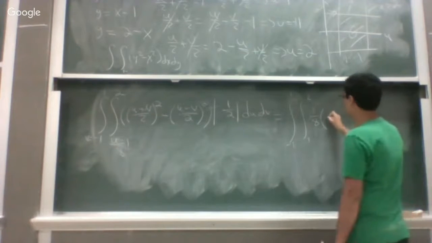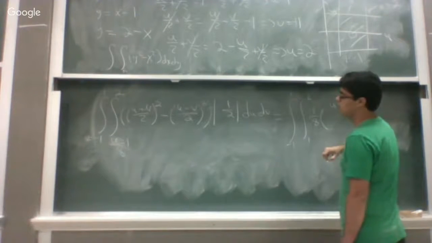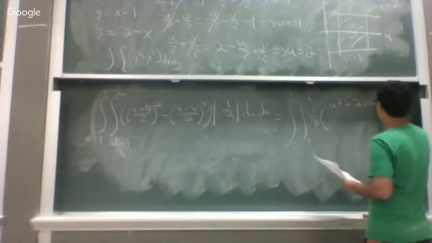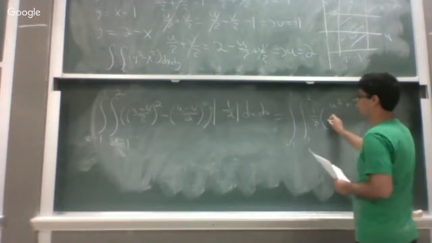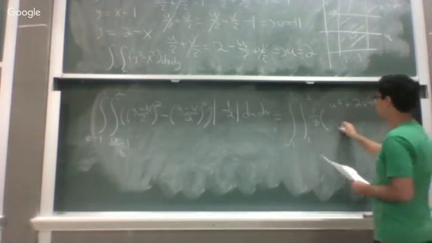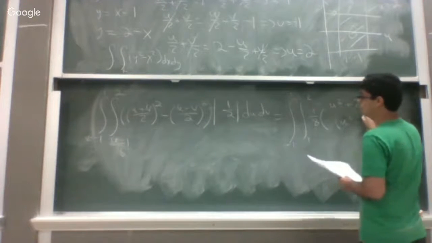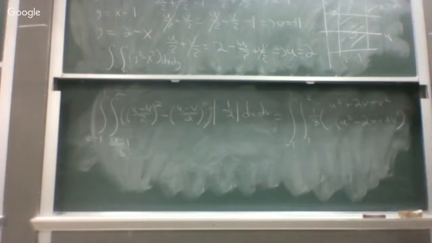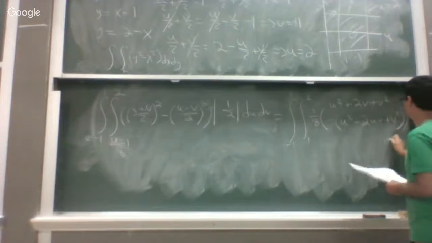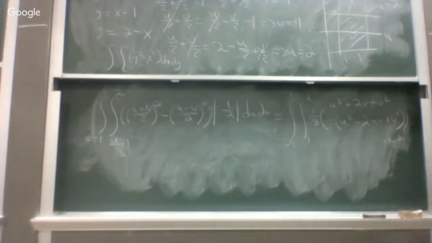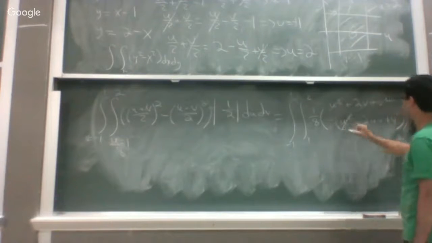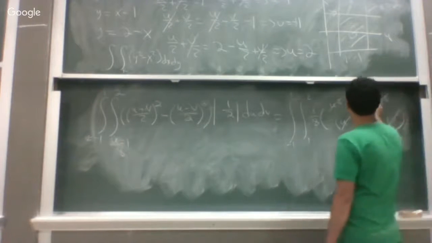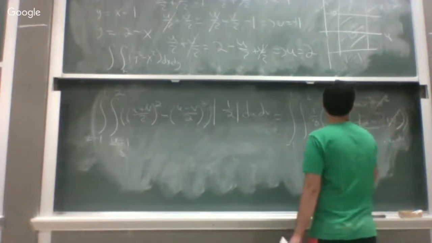Okay, so we have u squared plus 2uv plus v squared minus the quantity u squared minus 2uv plus v squared, right? And we have du dv. So the u squareds cancel out, the v squareds cancel out, these two can be added.